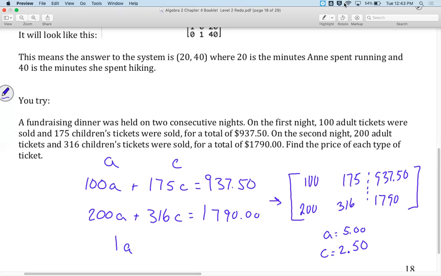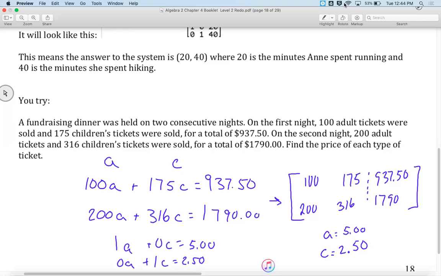So it's saying 1A plus 0C equals $5. Does that make sense to you? Do you see how when you take it out of that augmented form and put it back into this form, it makes sense? And then the other one would be 0A plus 1C equals 250.